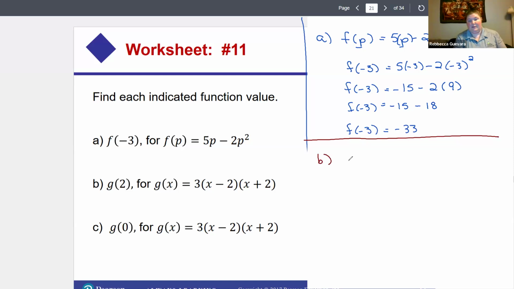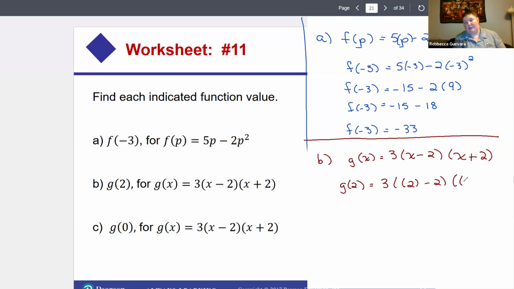Now on to B. So for B, we had g of x is 3 times x minus 2 times x plus 2. All right. There's a reason I sort of picked some of these numbers here. If we look for g of 2, that means that this x here gets replaced by 2.